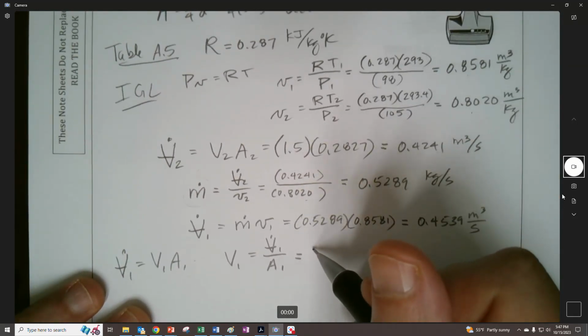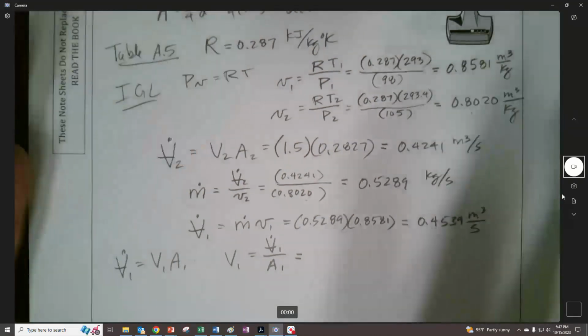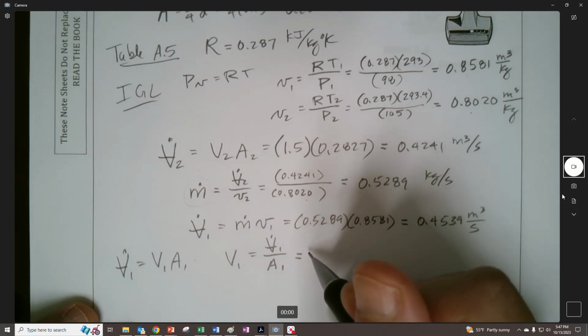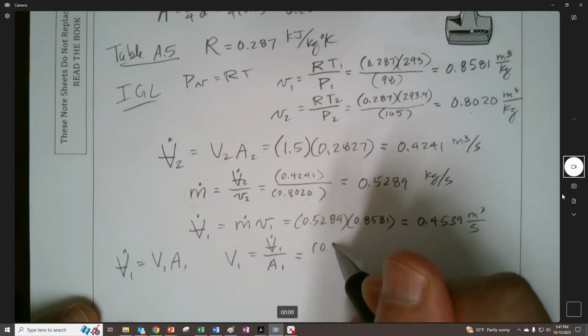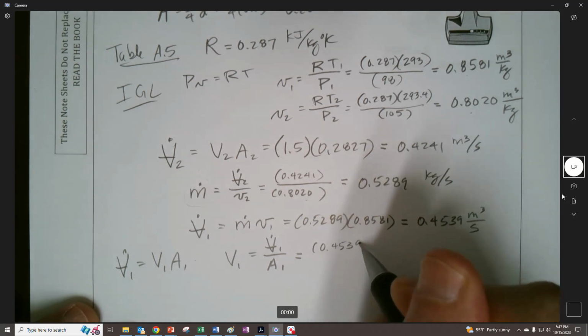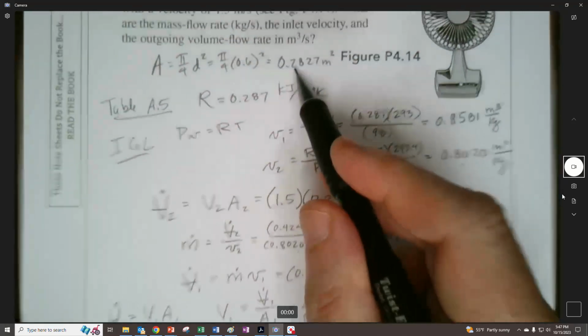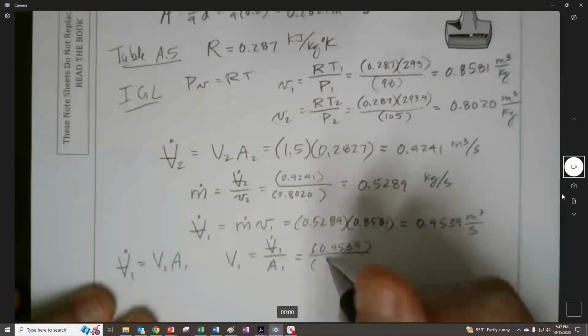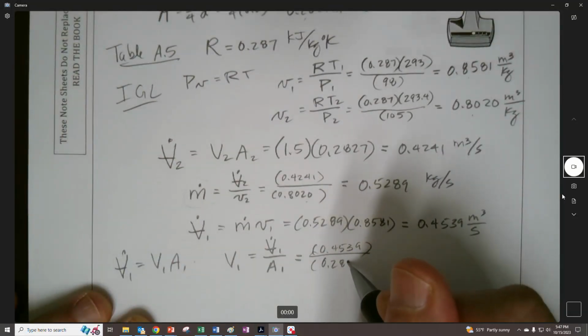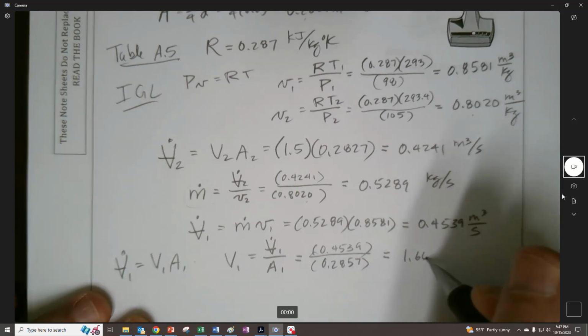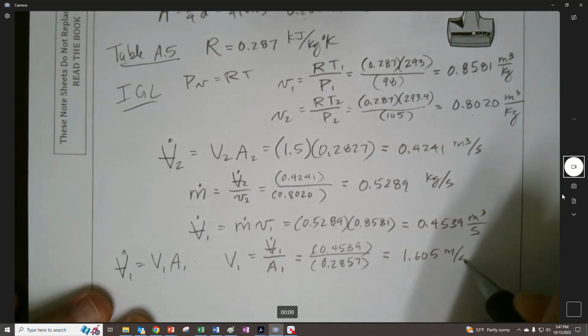There's no nozzle around it, so the inlet area is the same as the outlet area. 0.4539 we just found, divided by 0.2827. So 1.605.